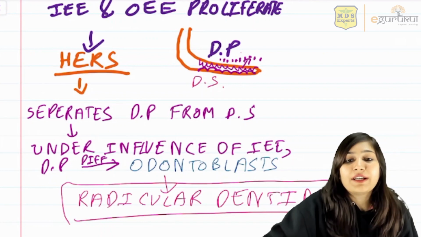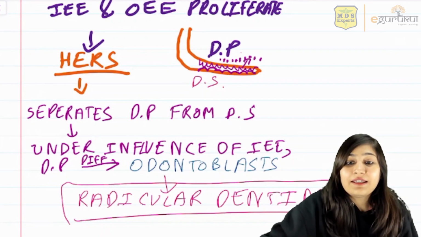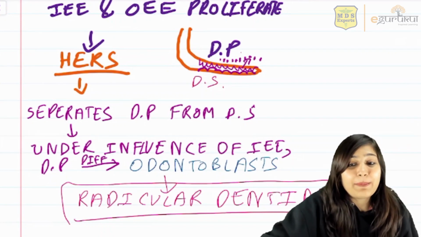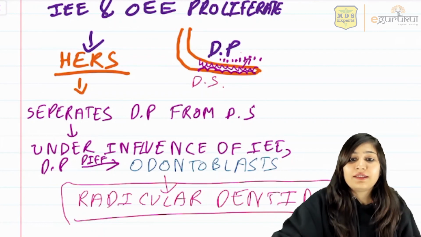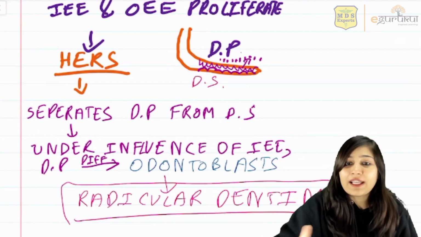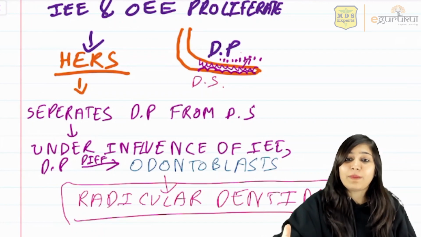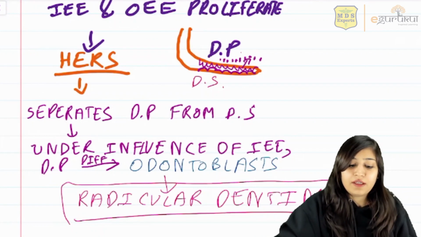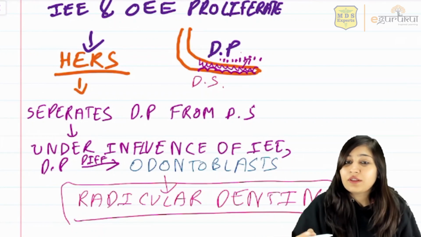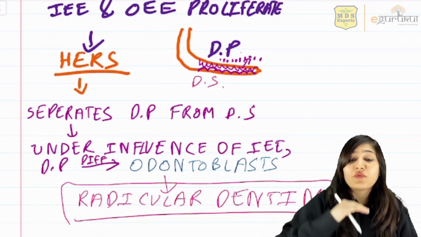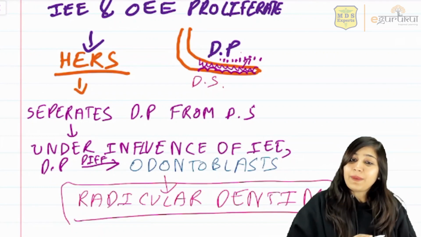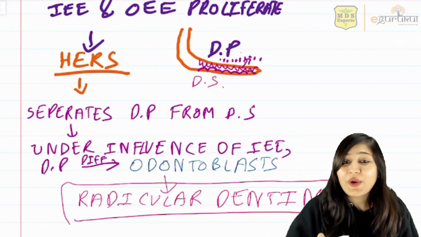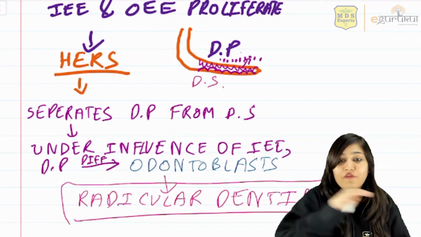But in radicular dentin, this dentin will not influence the inner enamel epithelial cells, and they will not differentiate into amyloblast cells. So enamel formation is not there in the root, only dentin formation is there, and then cementum is formed. So remember, in the crown they will have reciprocal induction. What is reciprocal induction? Under the influence of amyloblast, dental papilla differentiates into odontoblast, and this odontoblast will form the first layer of dentin.